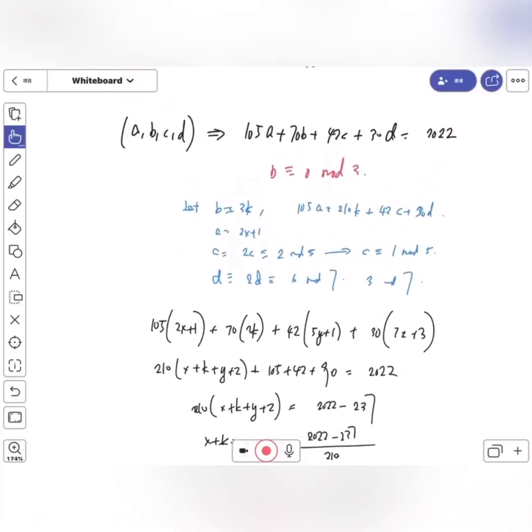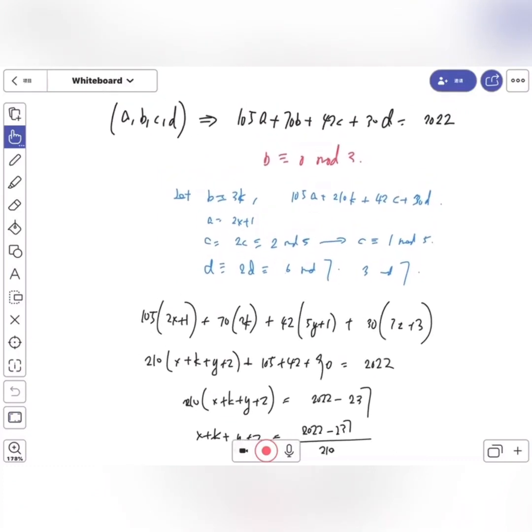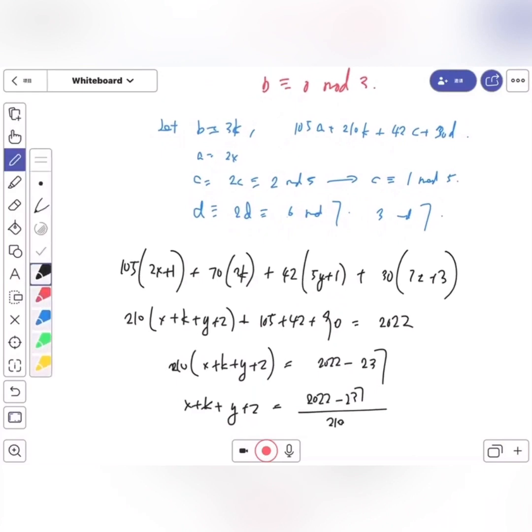So let's check our calculation one more time. So b is a multiple of 3, and a is... Wait, sorry about that, but a is actually odd. So we're just going to get rid of this part.